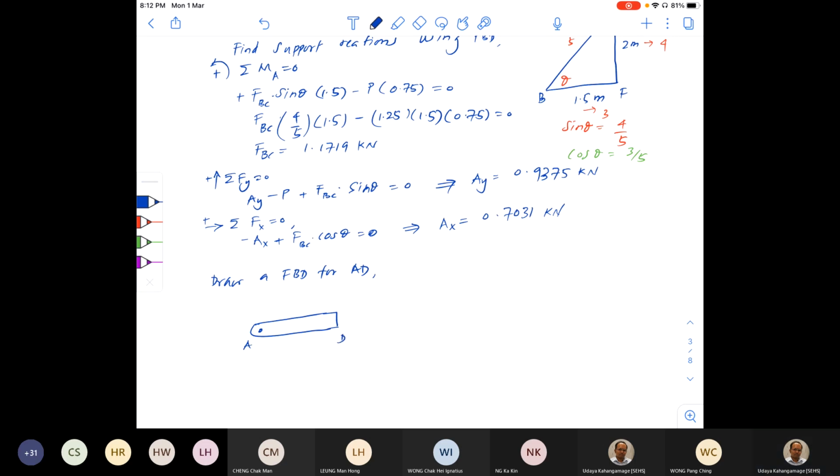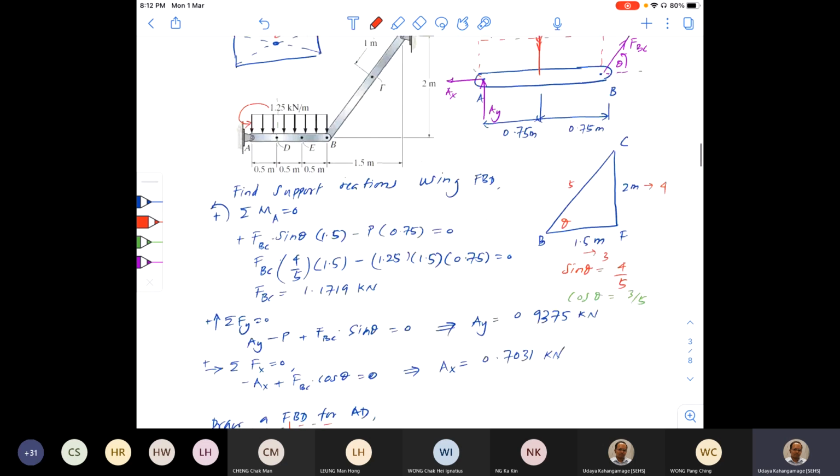Draw it by yourself. Point A, here is point D. First mark the active forces. So mark the distribution of the force as a dotted line, and then mark the resultant point load. So here we mark it as P1. You should be able to write the value of P1. P1 should be equal to, again, the area of the rectangle.